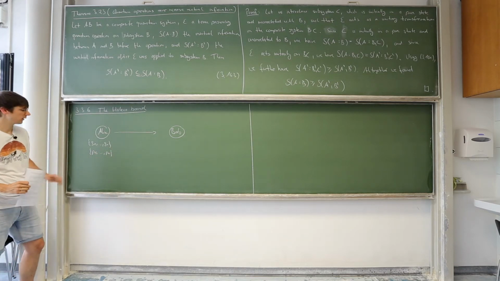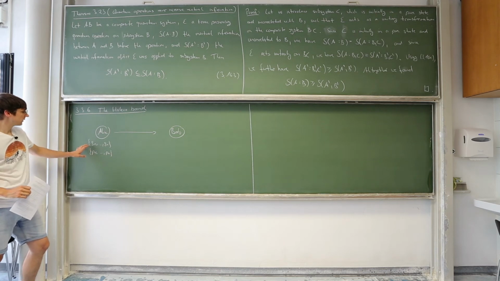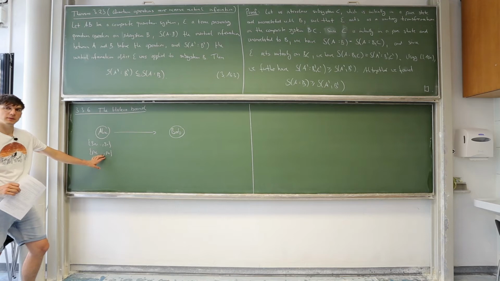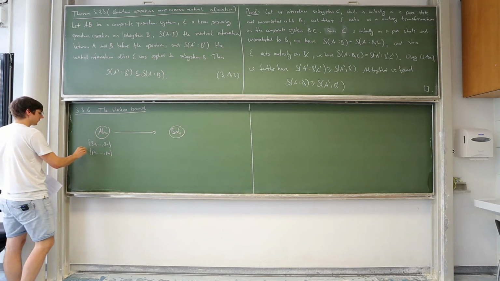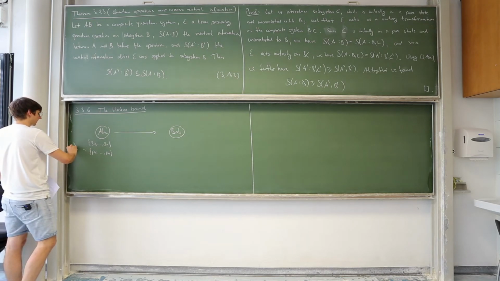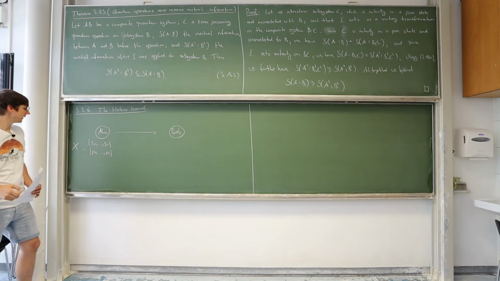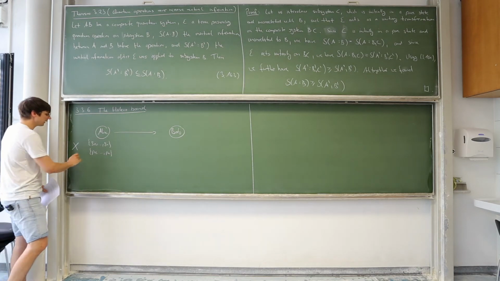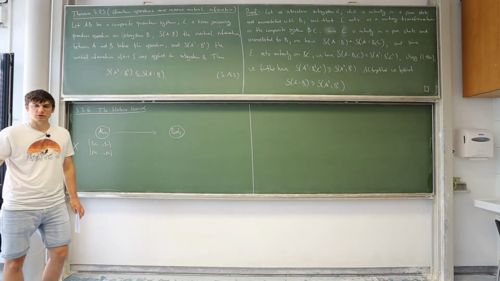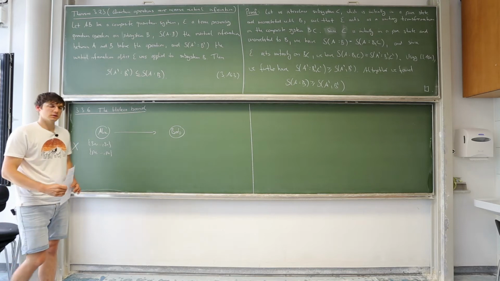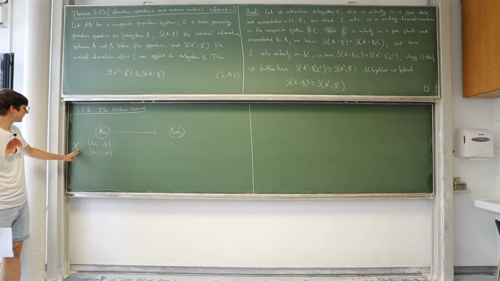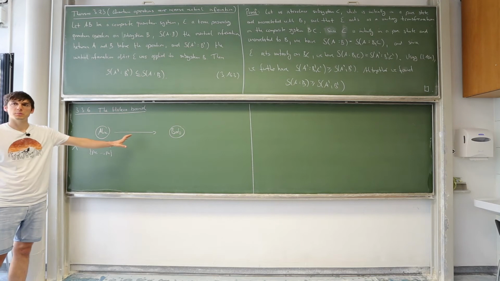Given that she prepares these states with these probabilities, we can associate this probability distribution with a random variable x. So you can imagine Alice having this random variable, and then she draws one item from it and sends it to Bob.